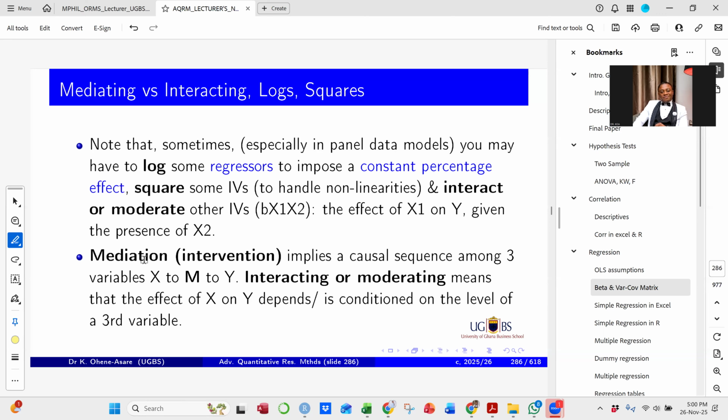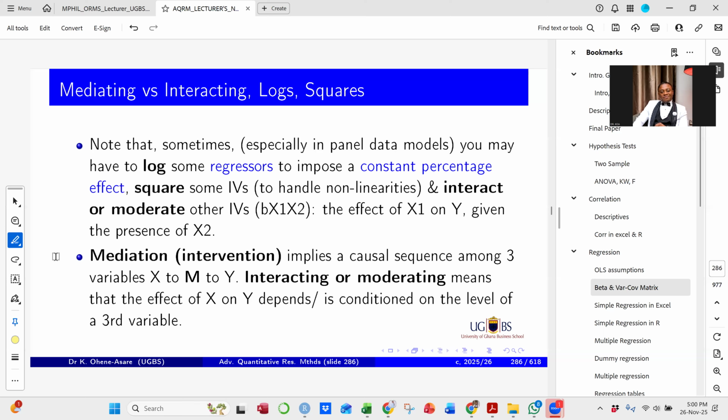An example is that a particular medication a person is taking will escalate and give him some other disease, and that other disease will also give the person another disease. That's mediation.